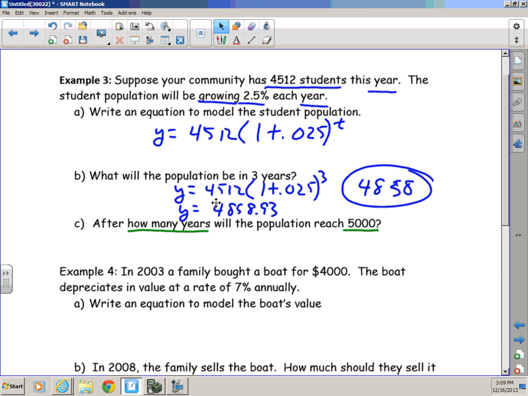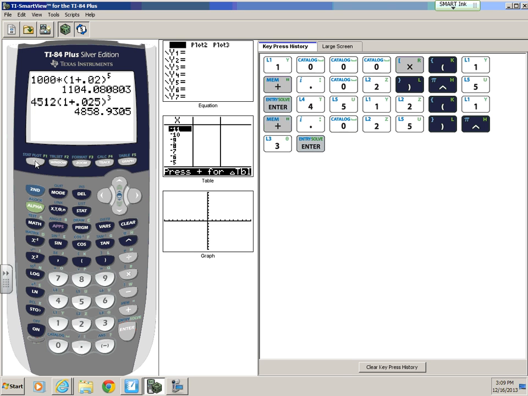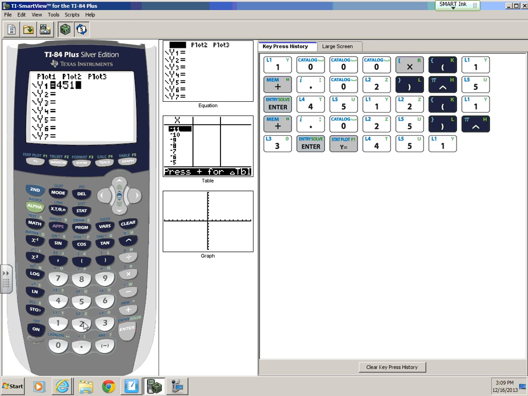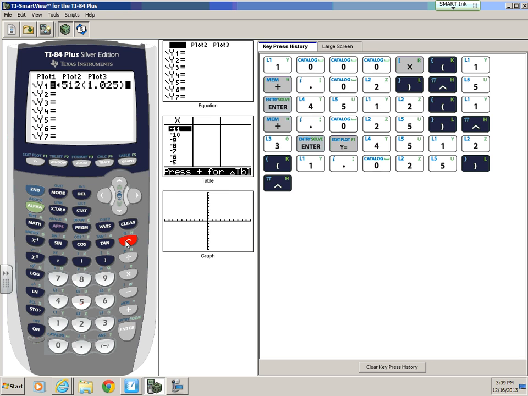Well, since we're trying to find the exponent, we're going to go into our calculator, into the y equals. I'm going to put in the equation 4512, parentheses, 1.025. But what am I going to put for my exponent?